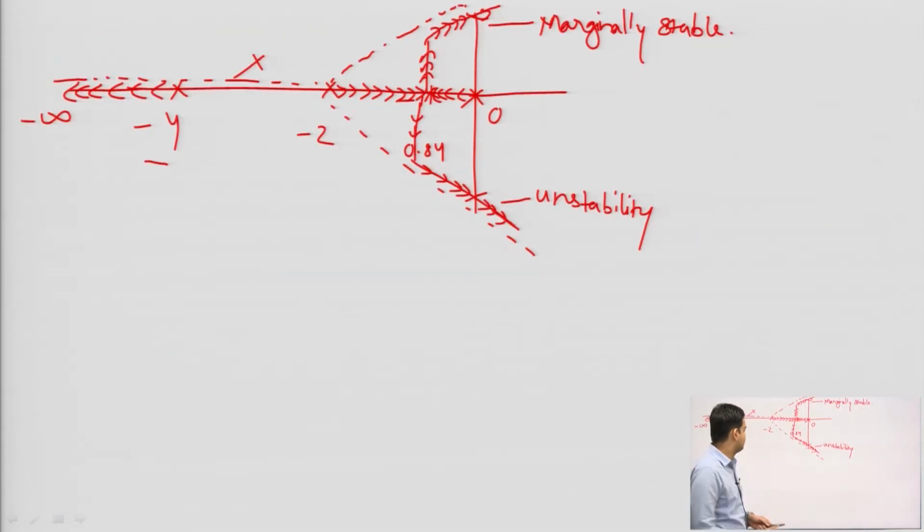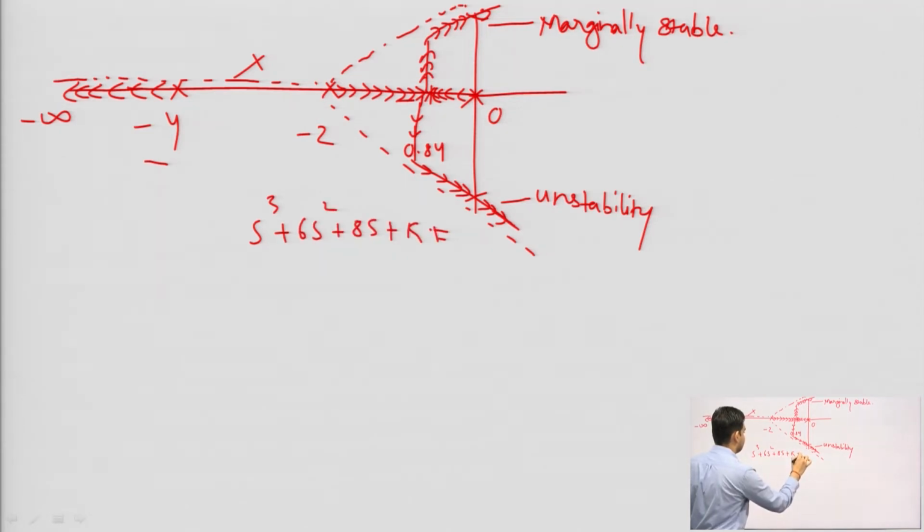Here it is s cube plus 6 s square plus 8 s plus k, our 1 plus G(s)H(s) equation. Now, I need to draw the Routh array for it: s cube, s square, s to the power 1, s to the power 0, with entries 1, 8, 6 and k.